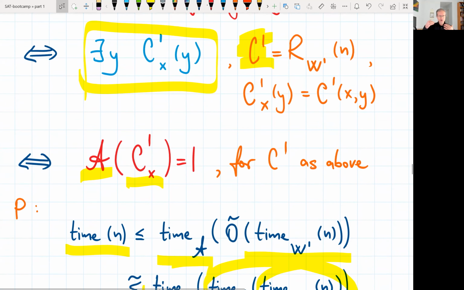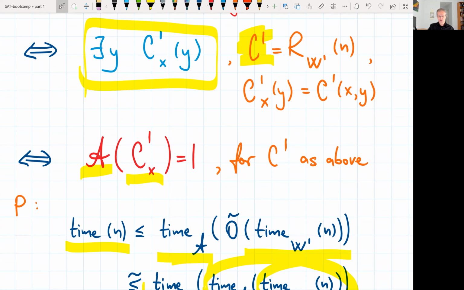And so you need to know the code of the SAT algorithm to run this procedure.